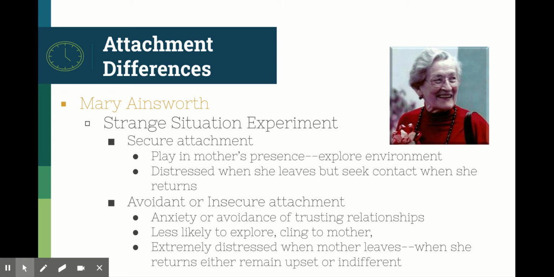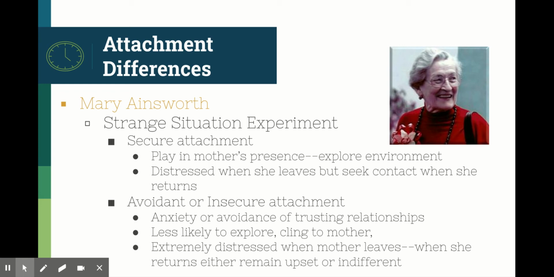Did the child feel free to go explore the environment? Did the child hide behind mom? Then she had mom leave, and watched to see what the child did when mom wasn't around. And then looked to see how the child reacted when mom came back.